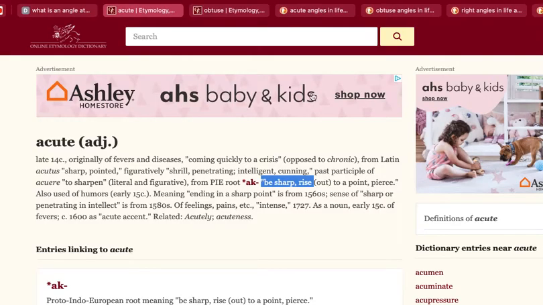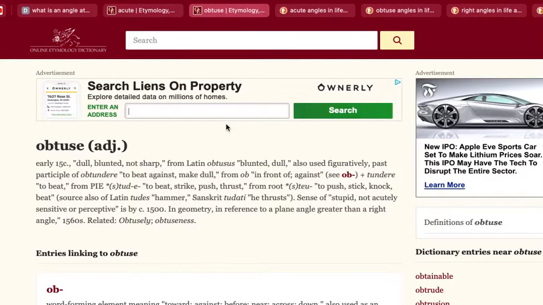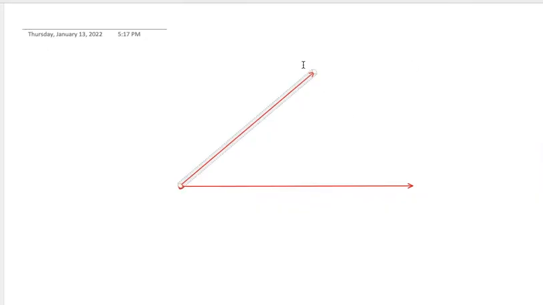So the word obtuse is actually referring to dull or blunted, because instead of sharp, when we open the angle, the pointed part is now blunted or dull. It's no longer sharp. So in Greek and Latin, they would use the words that to them made sense, sharp angle and dull angle. But we call it acute and obtuse.